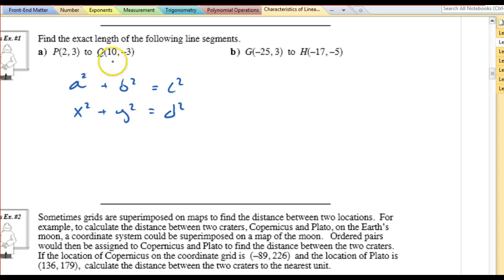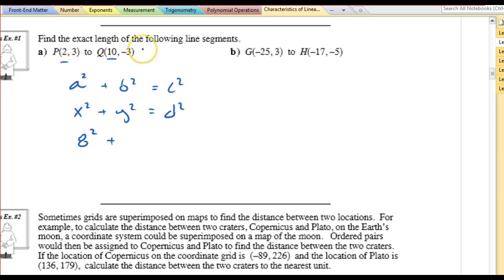So let's find the distance for x. Well, that's 10 minus 2, so that's 8 squared plus... and again, be careful here, because you want to subtract the smaller one away from the bigger one.